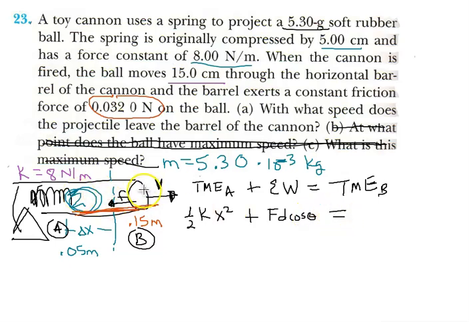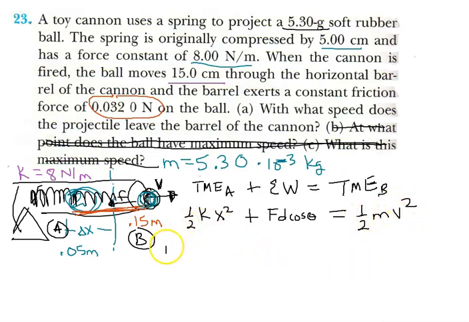And at point B, the spring has given away all of its energy. So even though the ball is no longer at the dash line, the spring has returned to its original length. Okay, and so that equals just the kinetic energy at B.